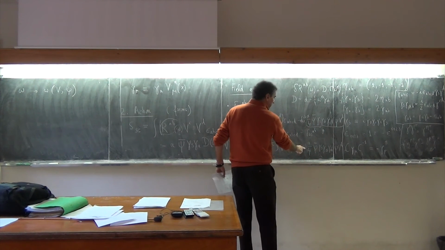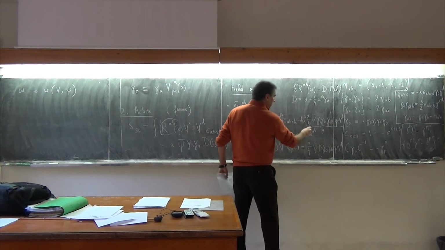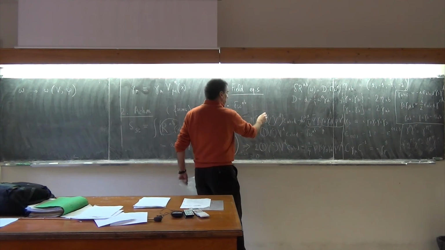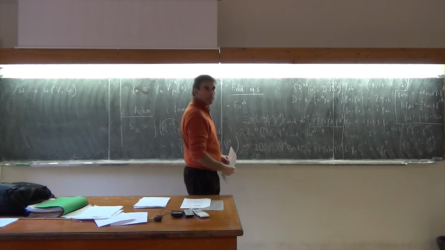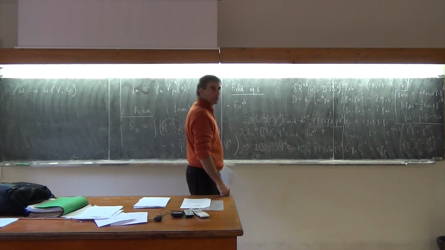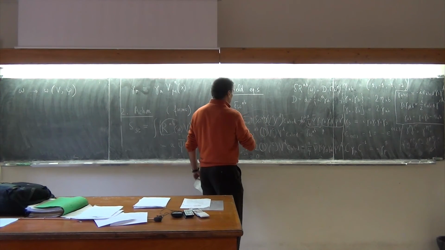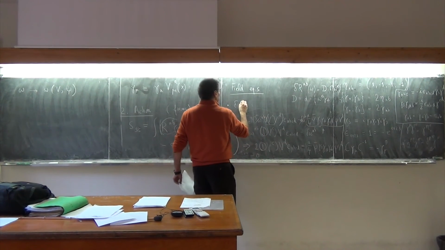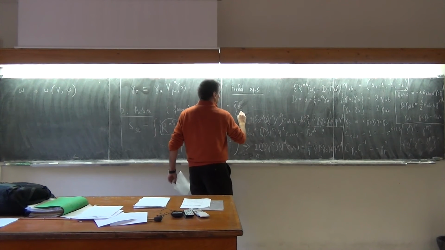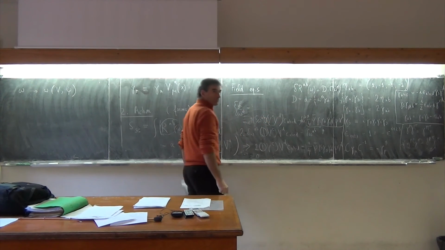Oh, it's here, minus a over 4. I'm just taking this out. I'm considering dL over delta omega^{AB}. Then I take this out. Is it okay? Yeah. Okay, thanks.